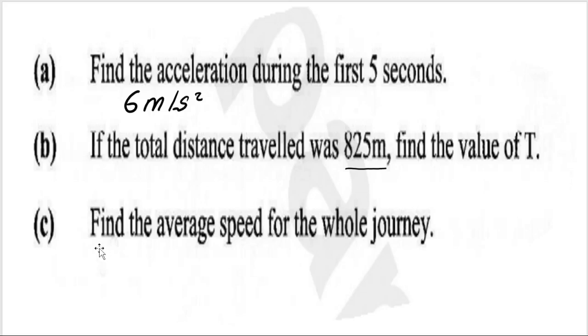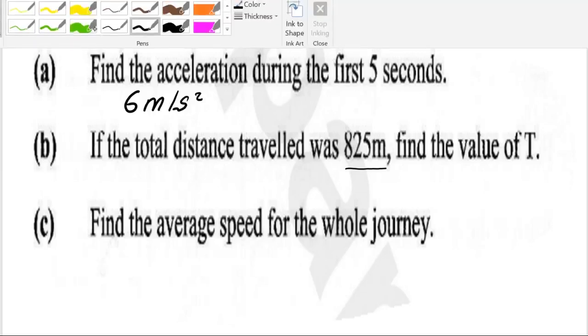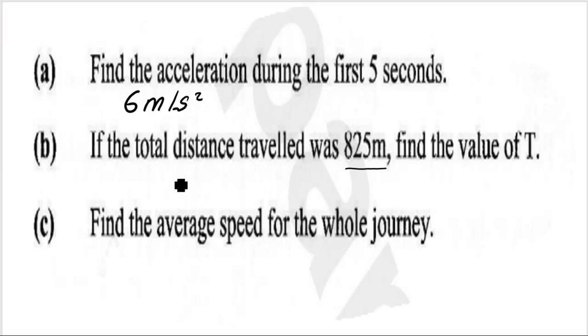The next question is saying, find the average speed for the whole journey. Average speed. So here, the time at t is 45 seconds. And then they are saying, find the average speed for the whole journey.